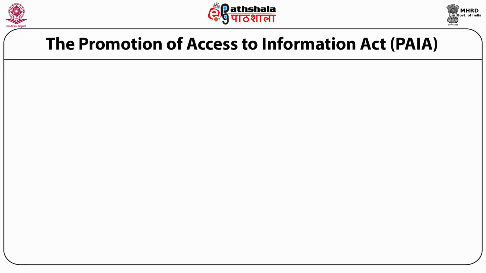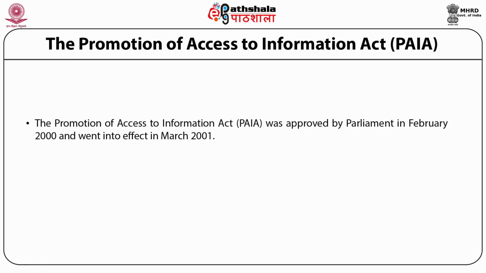In furtherance of the mandate under Section 32 of the Constitution, South Africa has enacted the Promotion of Access to Information Act, the PAIA, which was approved by their parliament in February 2000 and went into effect in March 2001, within 5 years of the Constitution coming into force. What does the Promotion of Access to Information Act do?